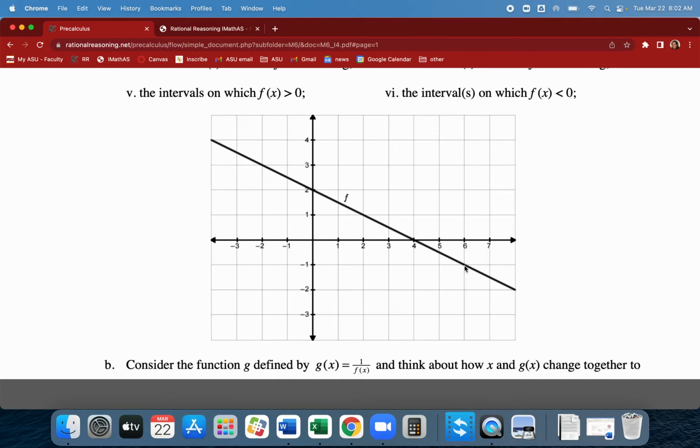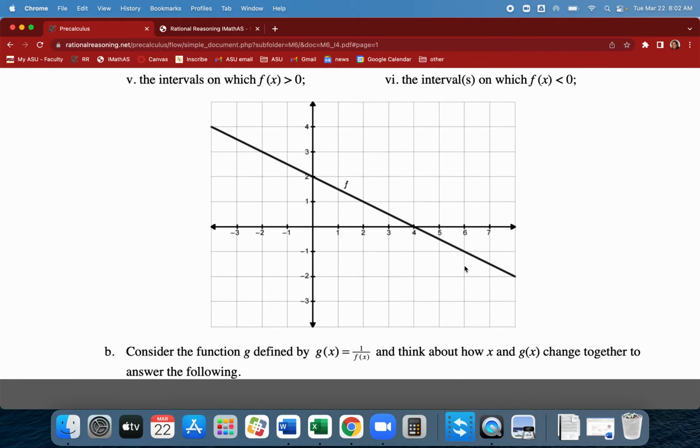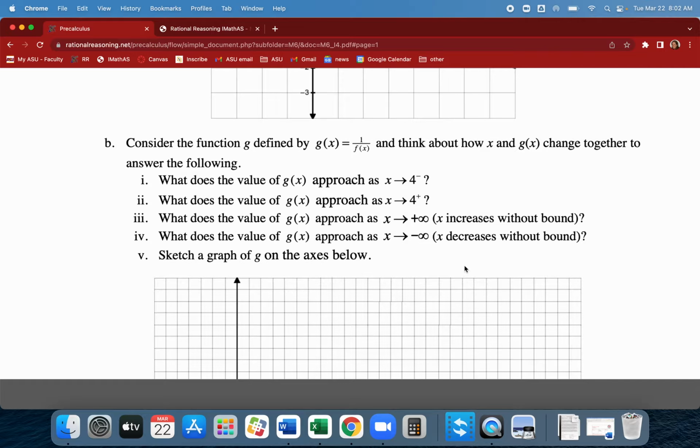But just answering these questions, what does the value of g of x approach as x approaches 4 with a negative? That's usually read as x approaches 4 from the left. As x approaches 4 from the left, or as x has values increasingly close to 4 but is to the left of 4, we're getting larger and larger.